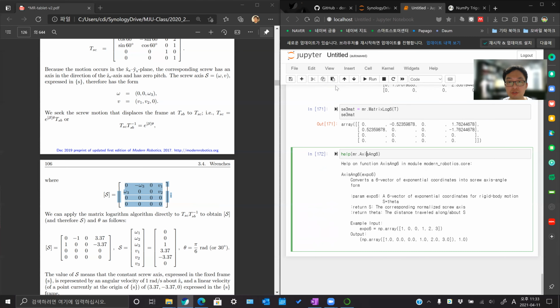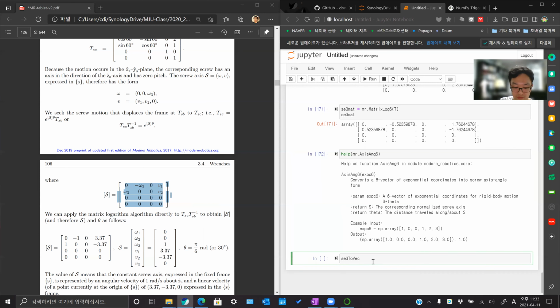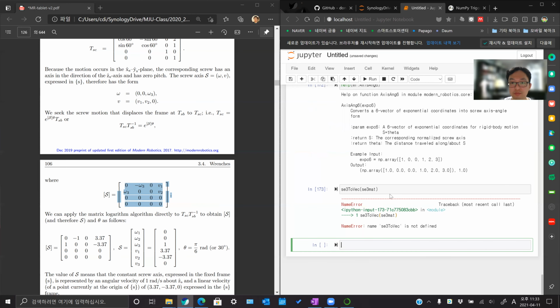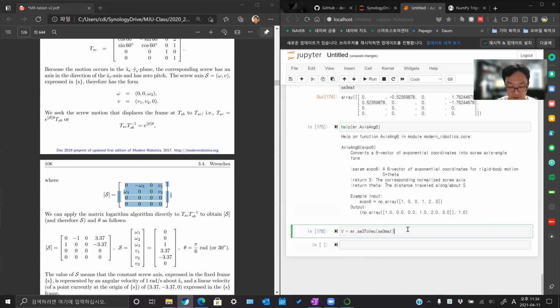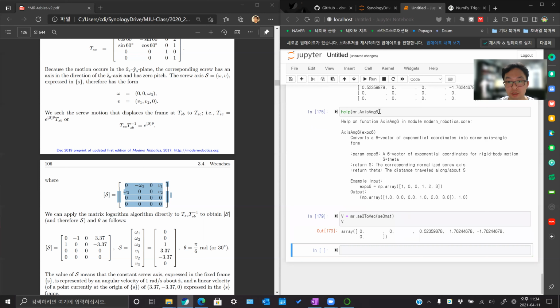Firstly, we should transform the se3 matrix to vector form, and we can get the 6 vector form. This one is the twist 6 vector. And using AxisAng6, we can get screw and the theta.